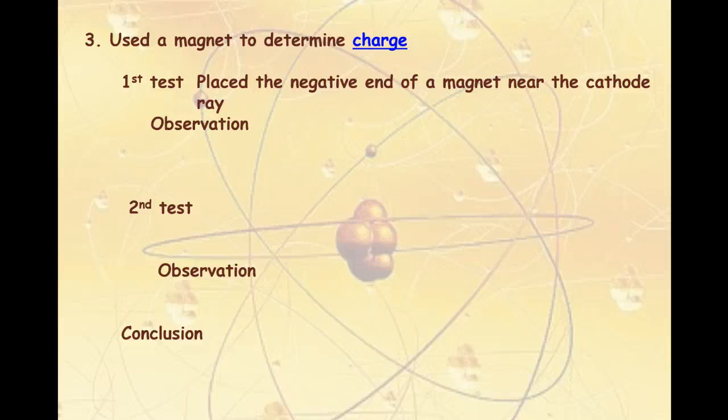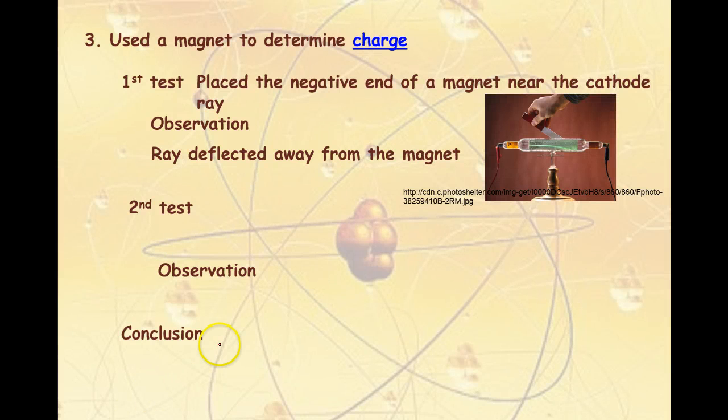Like charges are going to do what? That's right, they're going to repel. And so this was the observation that J.J. Thomson observed. When you put a negative charge near the cathode ray, that cathode ray is going to deflect away from the magnet, suggesting that that ray had to be made up of negative particles.